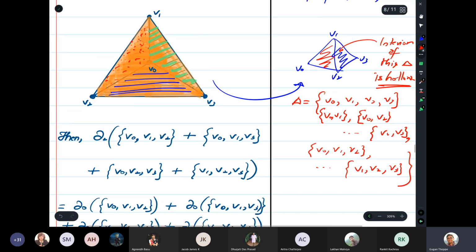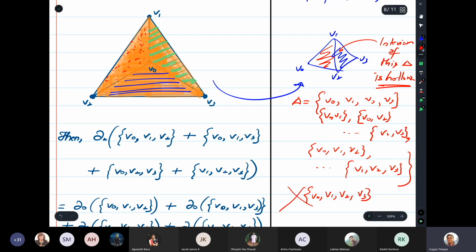So you have 4 vertices, 6 edges and these 4 triangular faces, but you don't have any higher dimensional face. In particular, the face v0 v1 v2 v3 is not present.